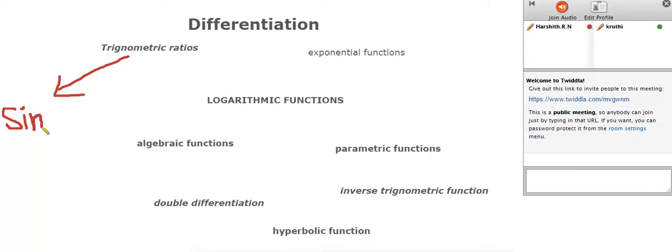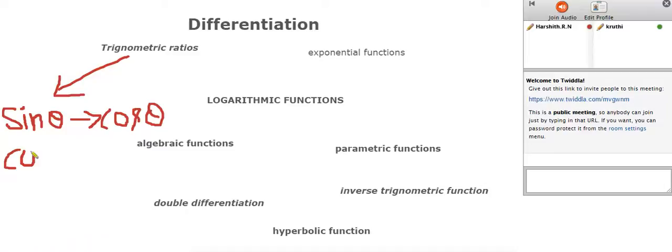Can you please tell me what is the differentiated value for sine theta? Cos theta. Very good. Please be loud and clear. What is the differentiated value of cos theta? Minus sin theta.